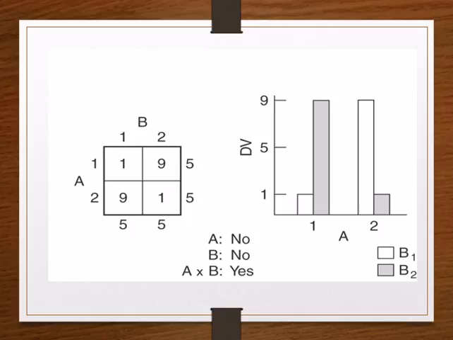In this last slide, we would be totally led astray if we only looked at the main effects. So let's look at the marginal means. They're all 5. They're all exactly the same. And so if I only looked at the marginal means, if I only looked at the main effects, I would say there's no difference between old and young and men and women in terms of who's going to Target.